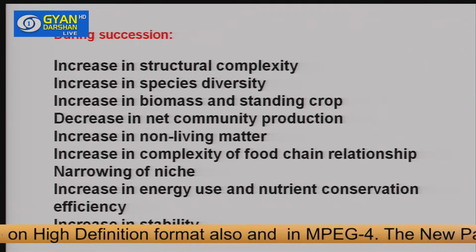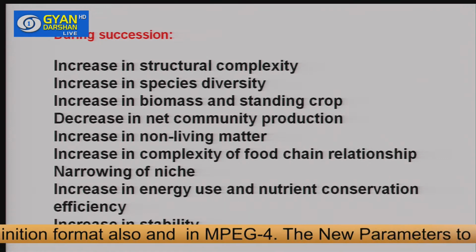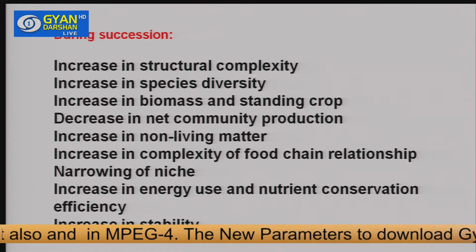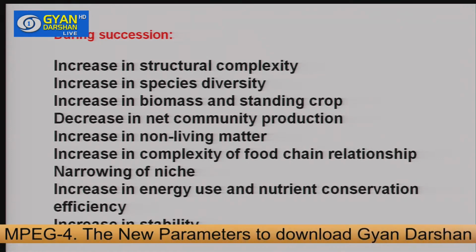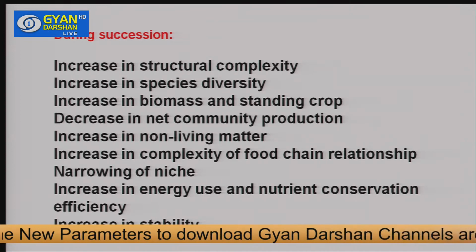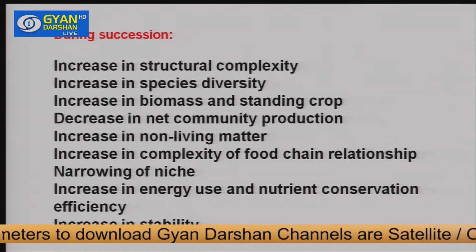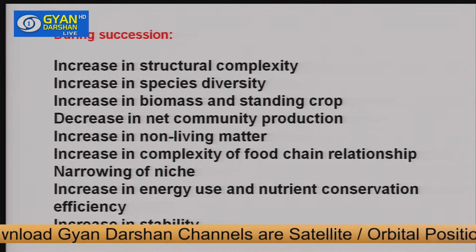I hope all of you know what is meant by niche. That is the functional role that a particular organism plays in an ecosystem. There is also an increase in energy use and nutrient conservation efficiency, and an increase in stability. So these are some of the events you can come across during succession.